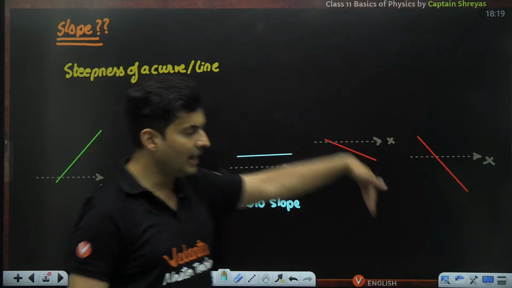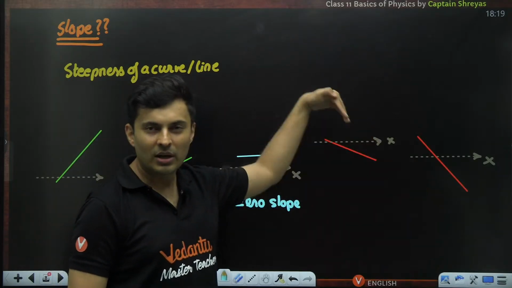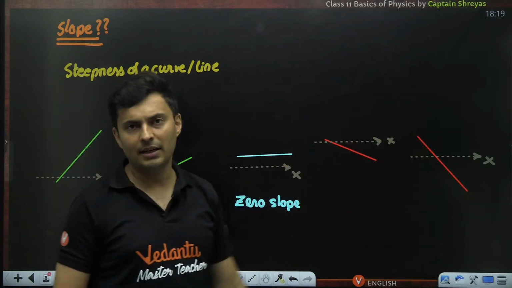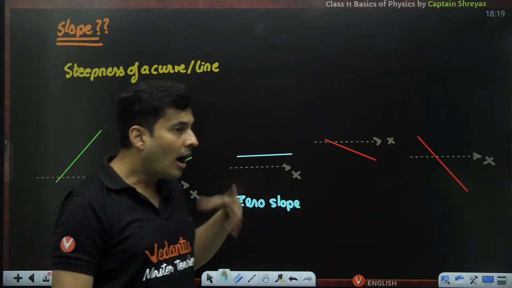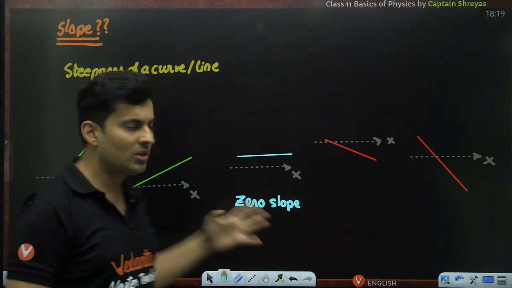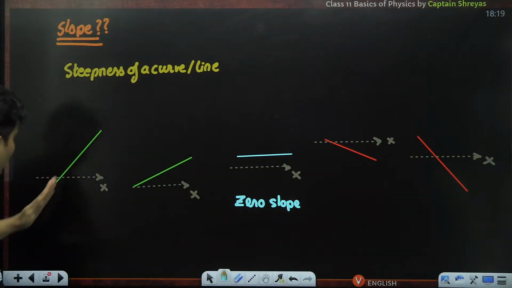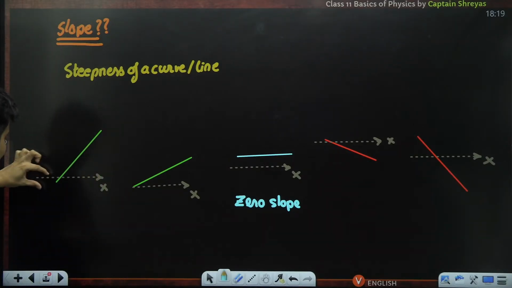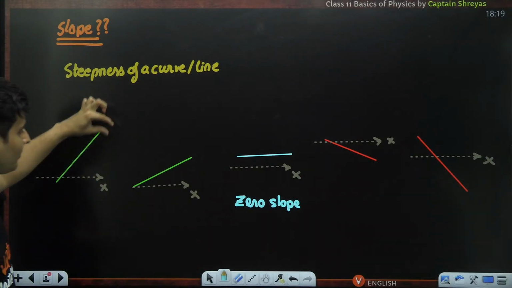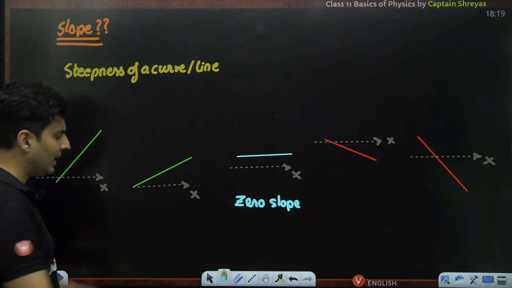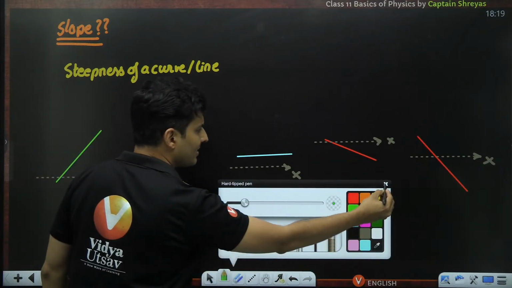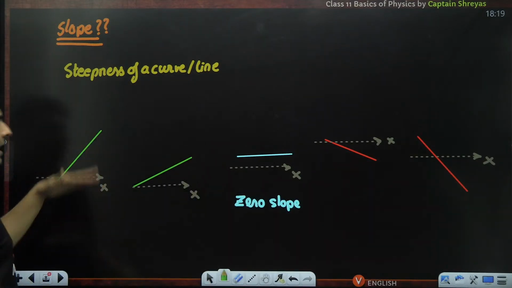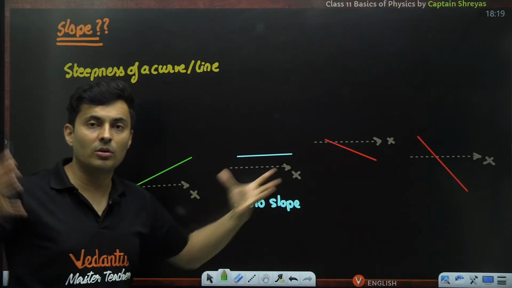But when you are coming down in a curve or a line, it is said to have negative slope. How negative or how positive depends on the steepness. As you can see, you are climbing up. Always go from left to right, guys. Here, imagine a vehicle. It has to climb up like crazy. Here, it does not have to climb up that crazily. Whenever the steepness is very high, the magnitude of the slope is very high.